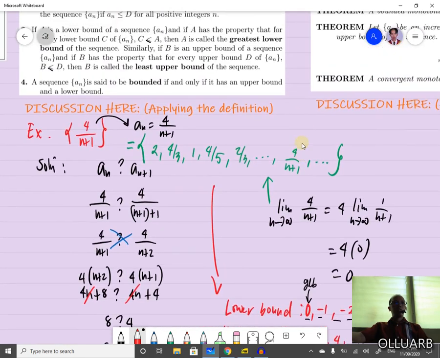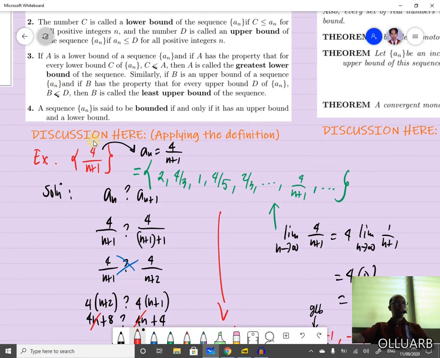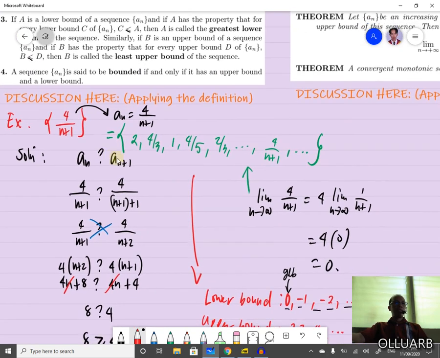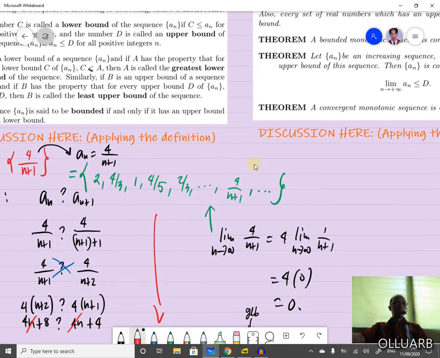Okay, let's go back to definition number 4. A sequence a_n is said to be bounded if it has an upper bound and a lower bound. As you can see here, these two examples are examples of a bounded sequence, because each has an upper bound and a lower bound. Look at the definition.